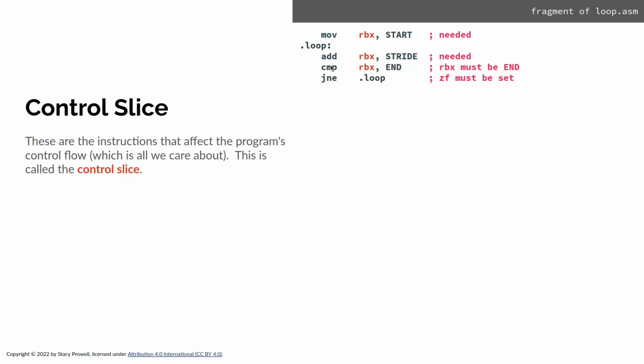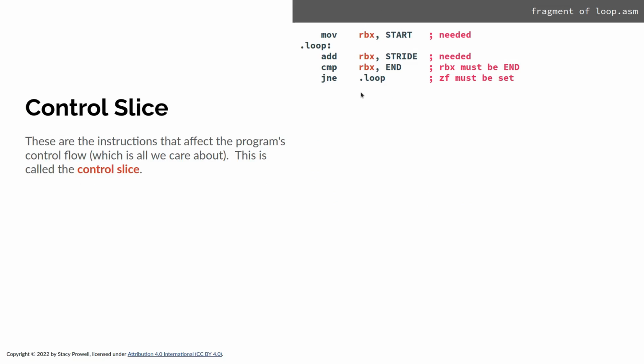And so here's a fragment that is only concerned with when this loop terminates. This is the slice of the code that controls the program flow. We call this the control slice for the loop or the program.